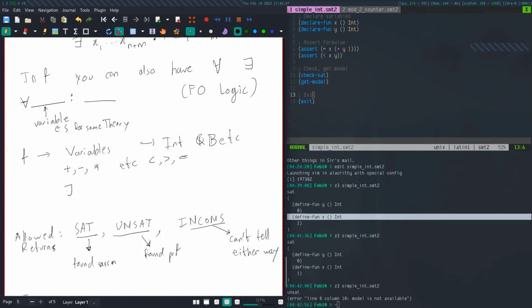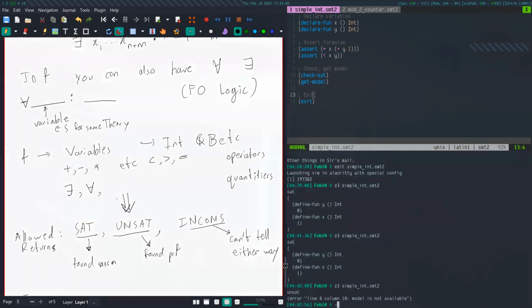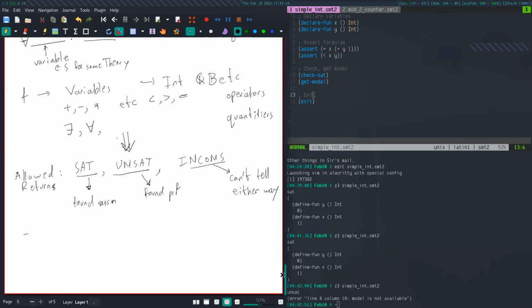You're also allowed quantifiers, existential and for all. So you have operators and quantifiers, and when you pass this entire thing, your SAT solver gives you sat, unsat, or inconclusive. Is it clear?